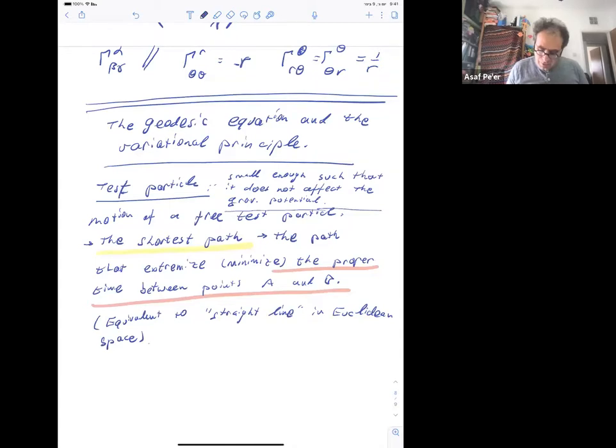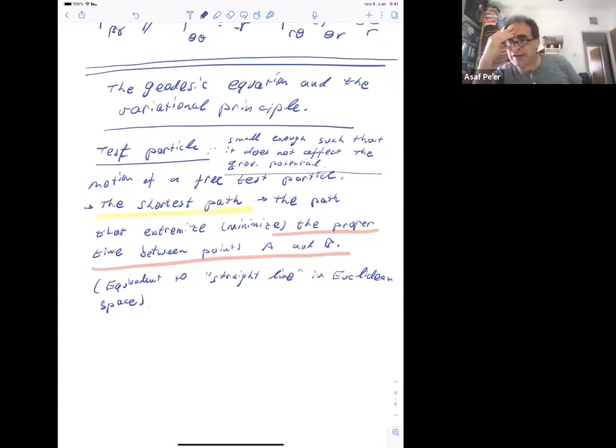Right, you know how we call these straight lines? And if you learn geophysics, it has a name. How do you call these straight lines? The equivalent of, or the generalization of straight lines to non-flat spaces?